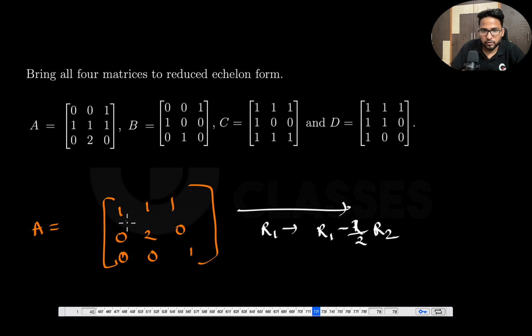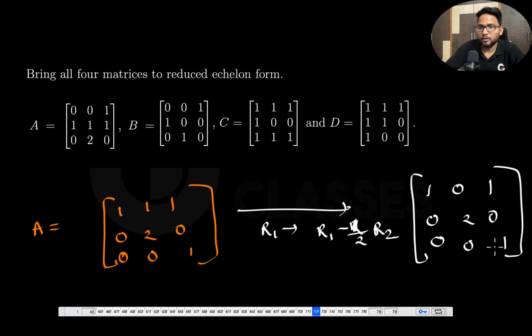Okay, so let's see after that what you are getting. R1, you are subtracting 1 by 2 R2, so you are subtracting 0, 1, 0 basically. So it will be 1, 0, 1, 0, 2, 0, 0, 0, 1. Before doing all of this, let me make this as 1.